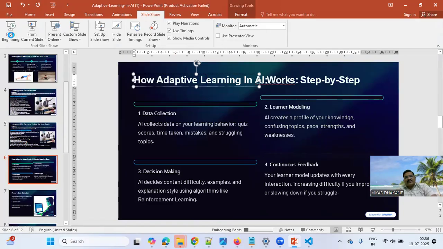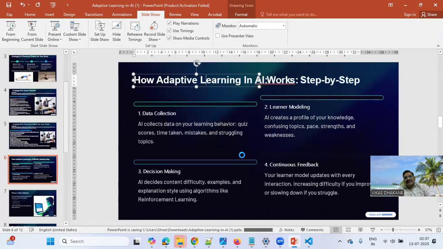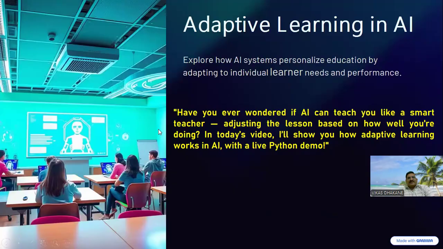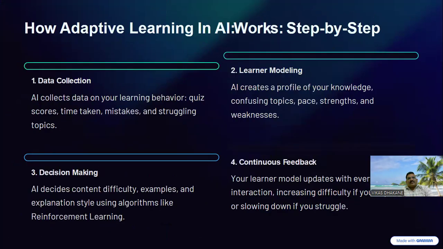So the step-by-step process I have shown you here. Like the first step you can see. So our next point is how adaptive learning in artificial intelligence works, step by step.